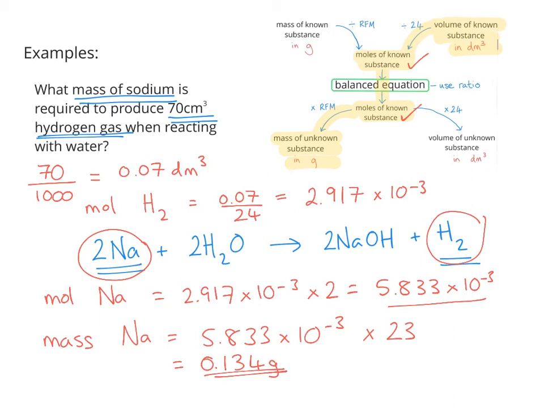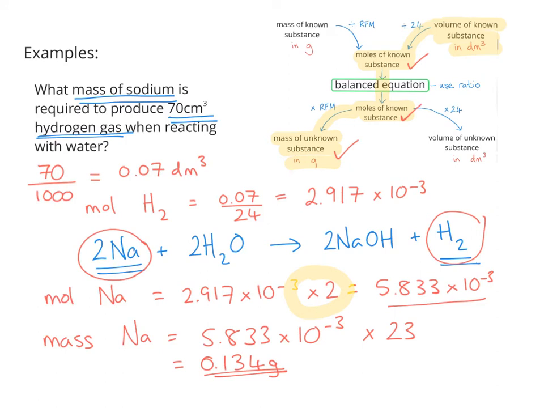A sensible number. It's a relatively small volume of gas, so it's a relatively small mass of sodium that's required to make that. And sometimes people go, well, isn't it 46 grams because it's 2 Na? Well, the thing is, I already used my 2 in the equation. I already used it here when I times by 2.